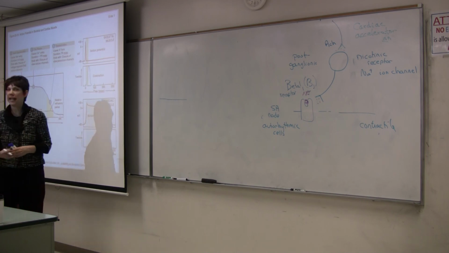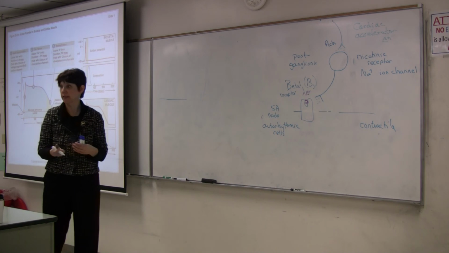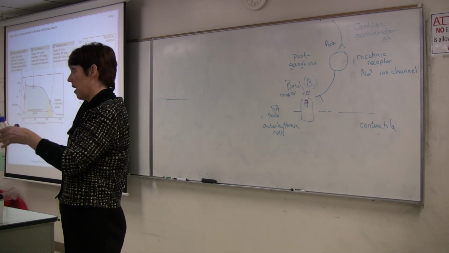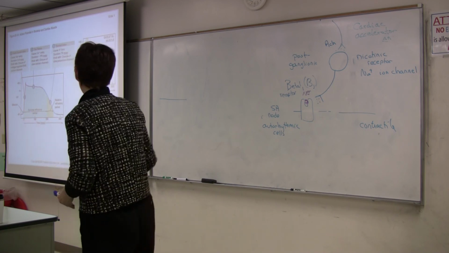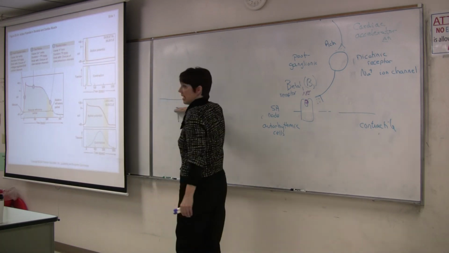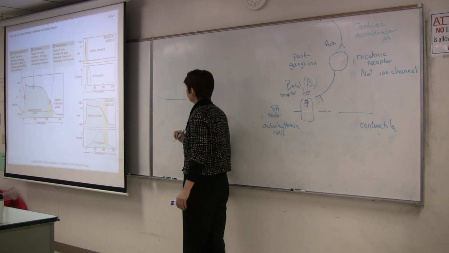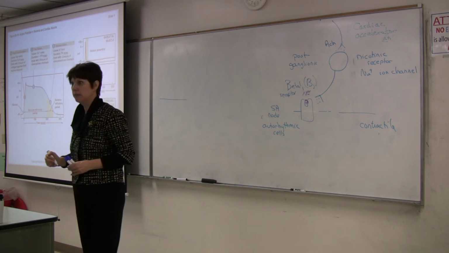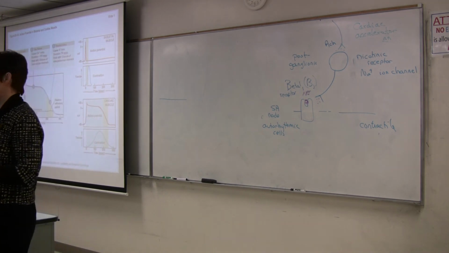Okay? Contractile cells, your heart only contracts 60 beats a minute. All right, there's periods of time when it's relaxed. So that's when we see a resting membrane potential. Then it contracts. What stimulates a ventricular muscle cell or an atrial muscle cell to contract?